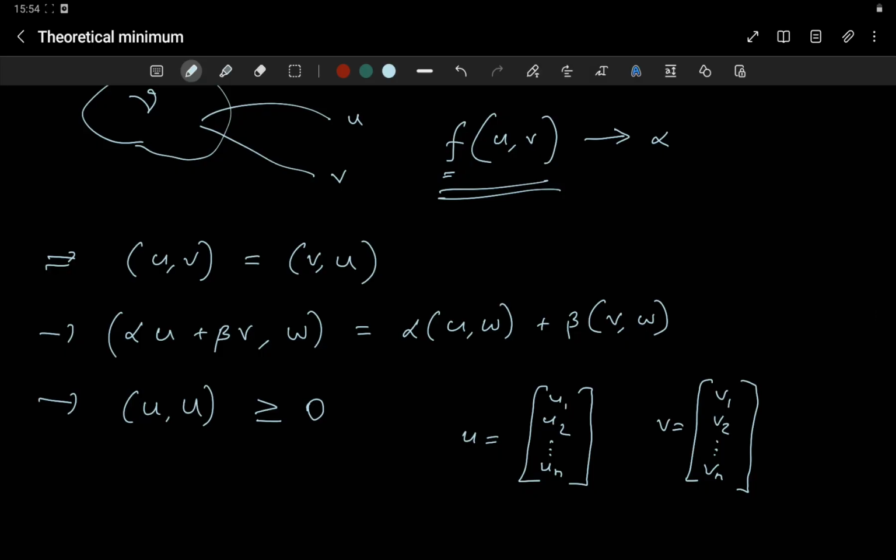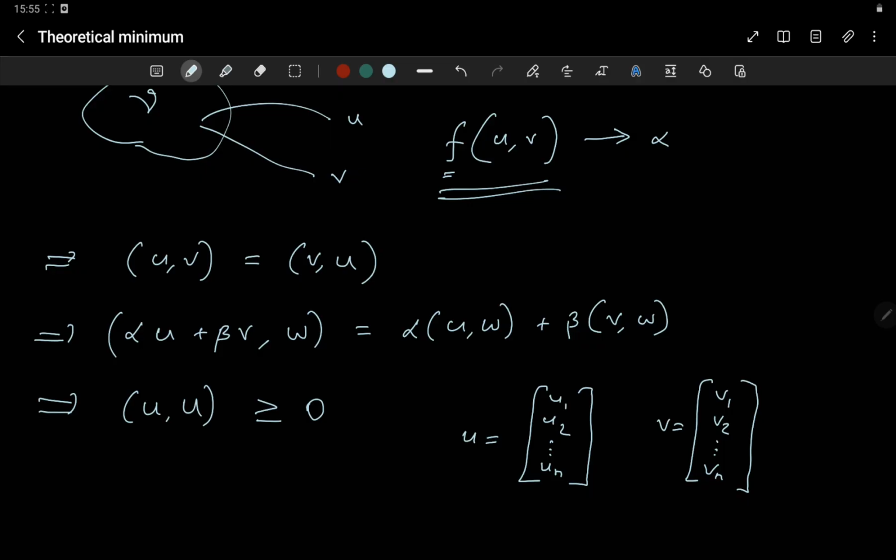What about the second one? For example, the first element is alpha into u1 plus beta into v1. Yeah, so it satisfies, right?